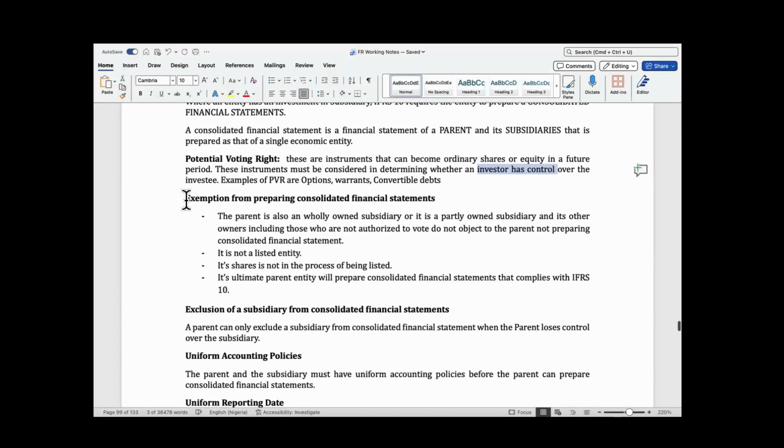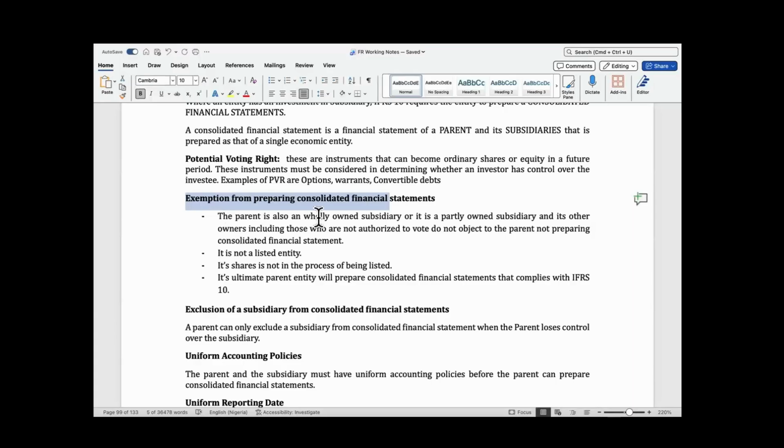Another one is exemption from preparing consolidated financial statements. Before you go ahead to prepare consolidated financial statements, aside from looking at potential voting rights, you must also consider the exemption allowed in IFRS 10. If the following exists, then you might not necessarily prepare consolidated financial statements.